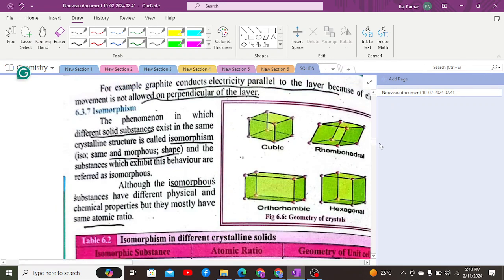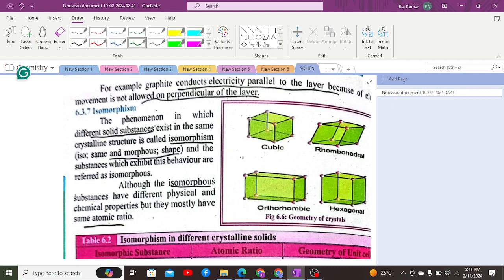Likewise, if we talk about isomorphism, yes, it is an important topic, such that the phenomenon in which different solid substances exist in the same crystalline shape is known as isomorphism. If we are having two or three different substances, having the same crystalline structure, it is known as isomorphism.